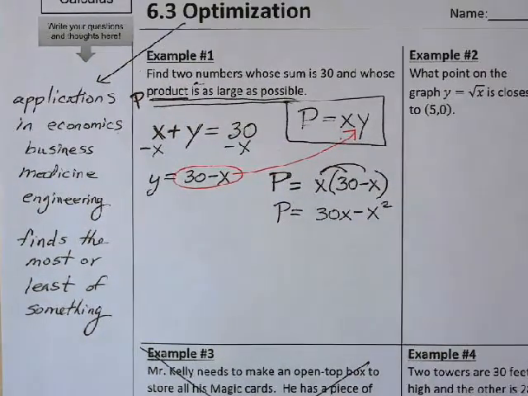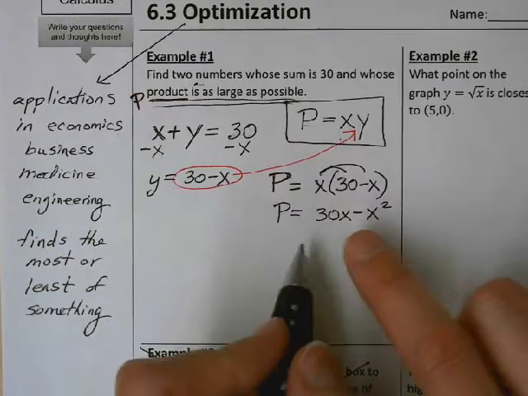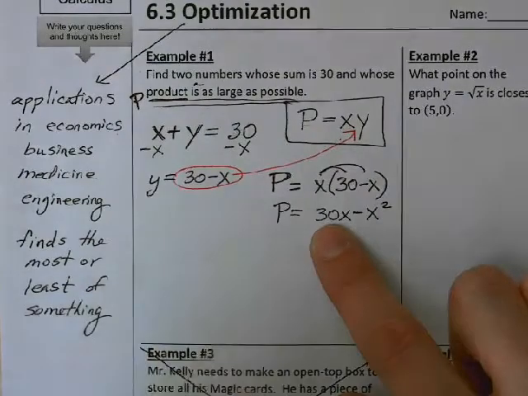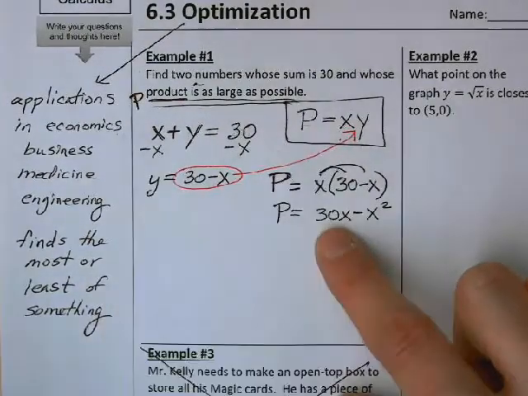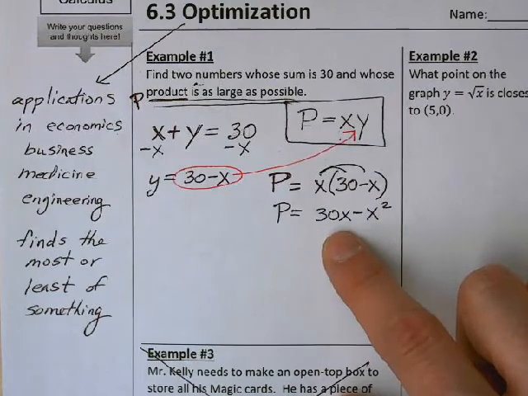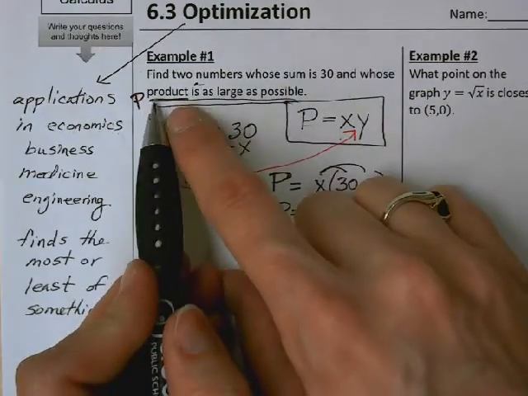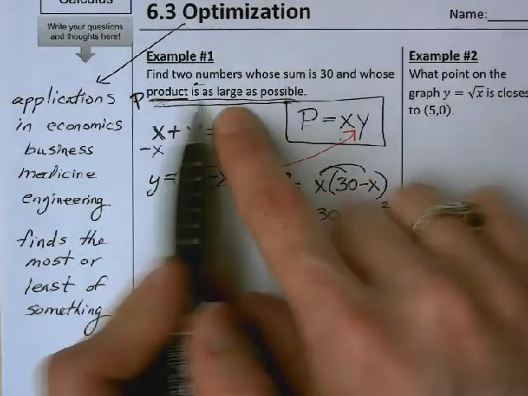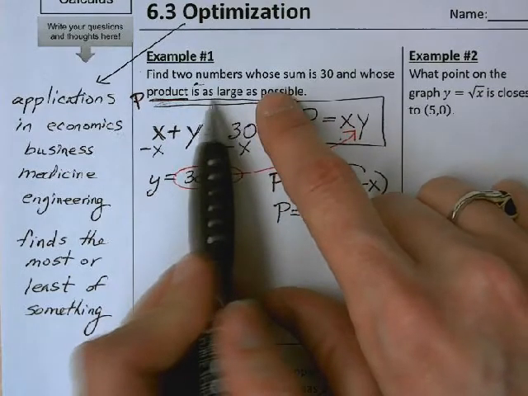Now we just got done with the first derivative tests and second derivative tests. Remember, when you take the first derivative, you can find your critical numbers and figure out if they're maximums or minimums. So we're going to use that concept, the first derivative test, to find our critical numbers and decide if they're maximums or minimums, because if we can find a maximum, then we'll find the largest answer we want.